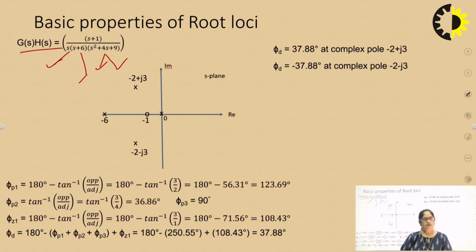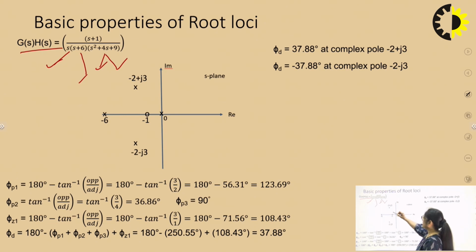Since there is one zero and 4 poles, only one root locus branch will start at an open loop pole and end at a zero. But the remaining 3 root locus branches will tend towards infinity.